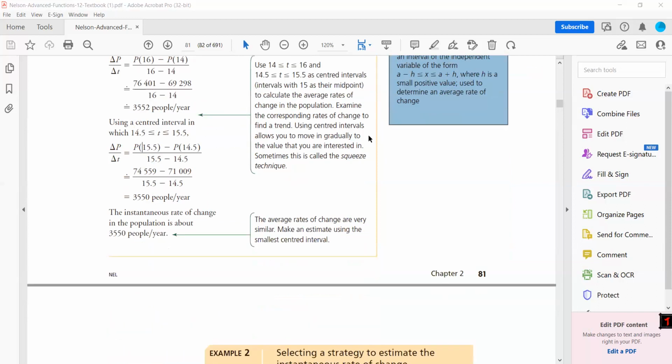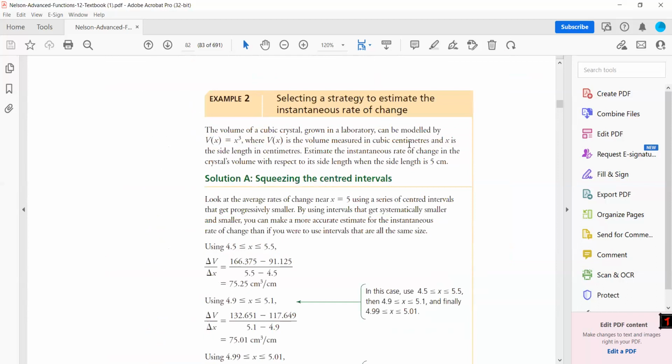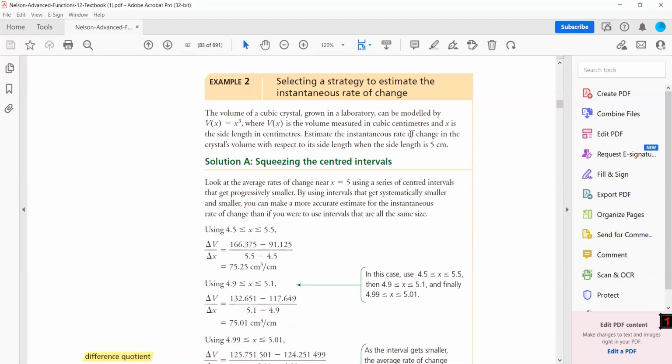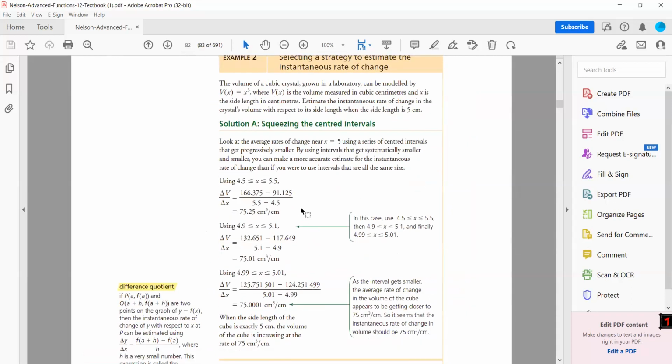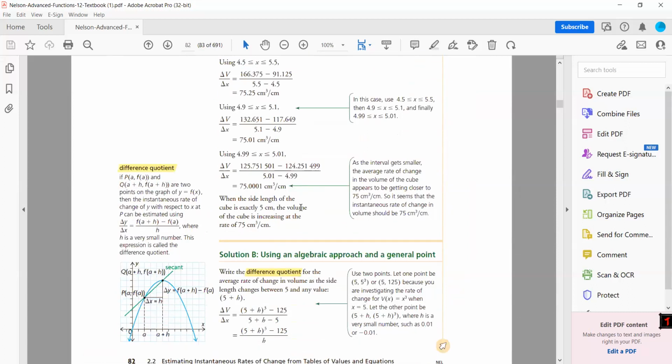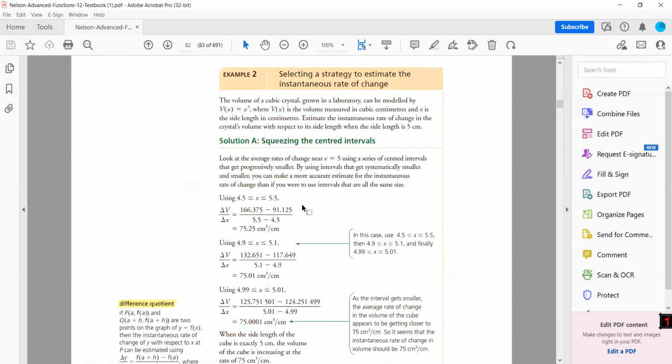Okay, I suggest we move on. Let's take a moment to take a look at this example where we're squeezing a centered interval, and you can see that the value is getting closer and closer to the true value.